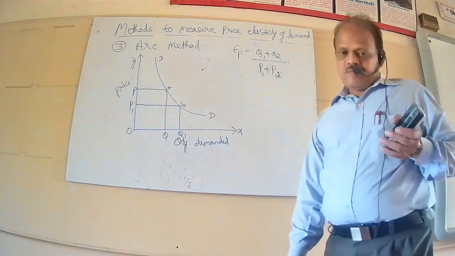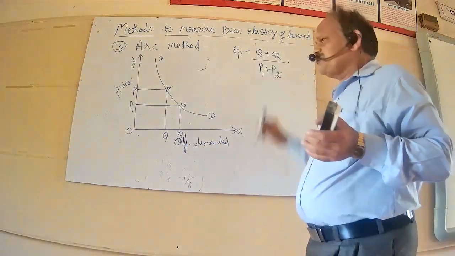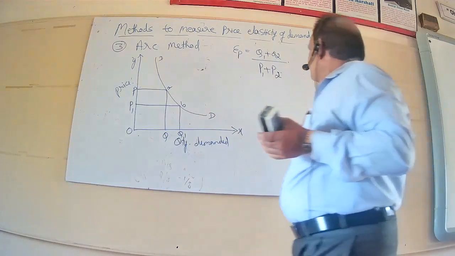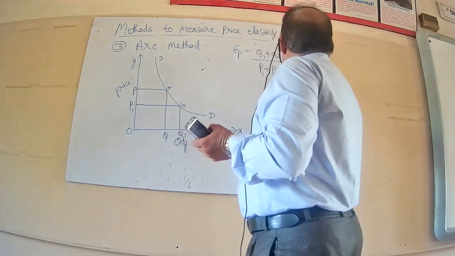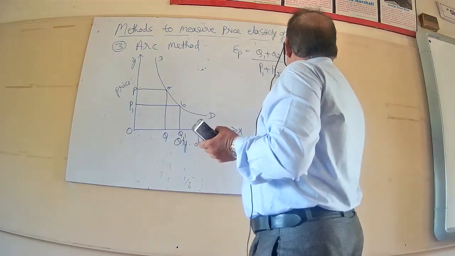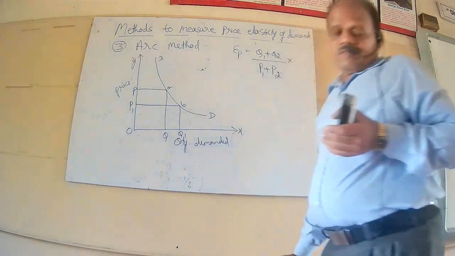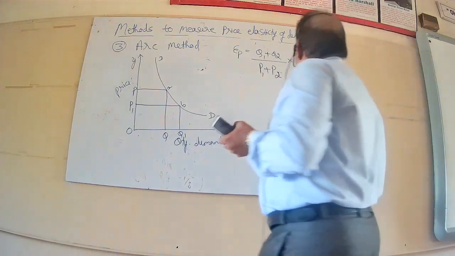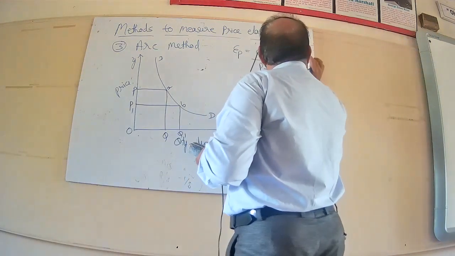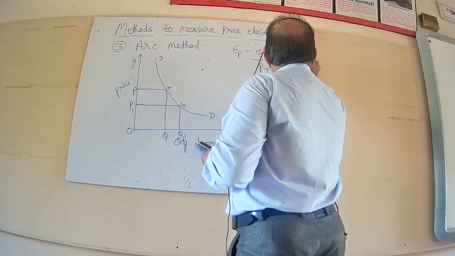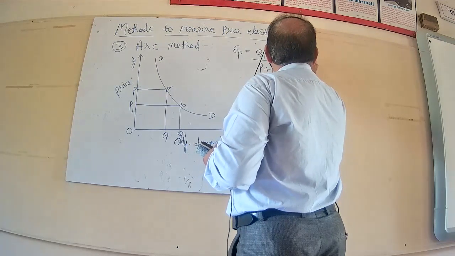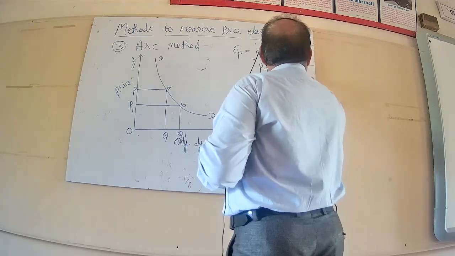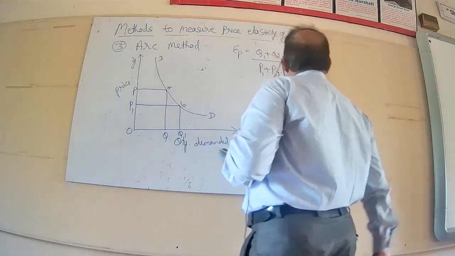It means P1 is the original price and P2 is the changes in the price level later. Then into the original price level, or changes in price we can take delta P divided by delta Q.